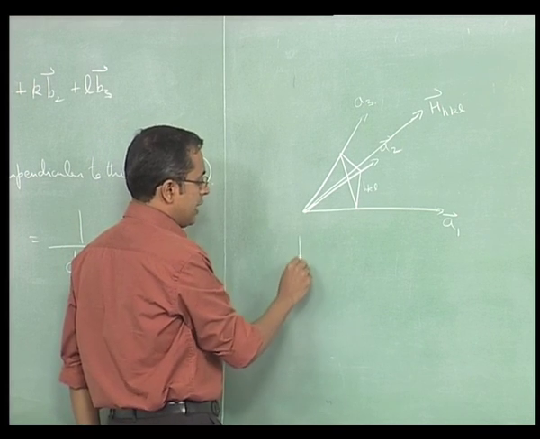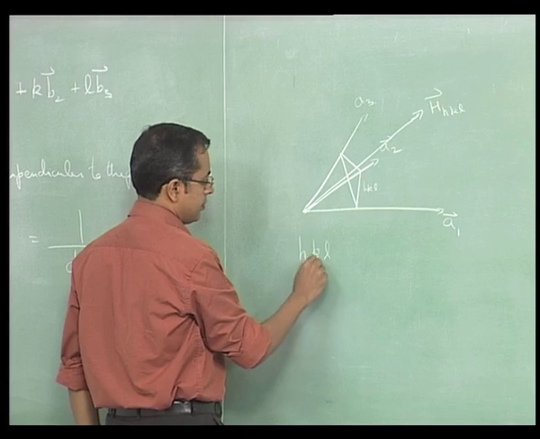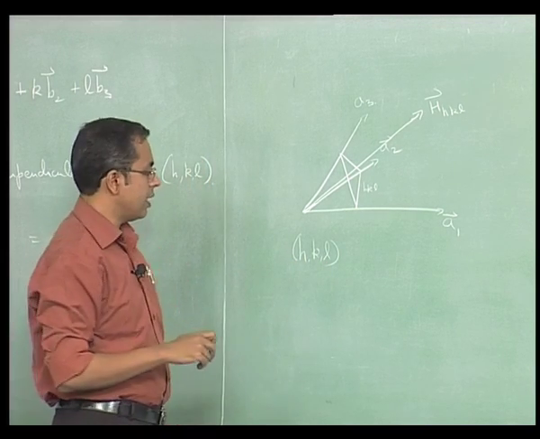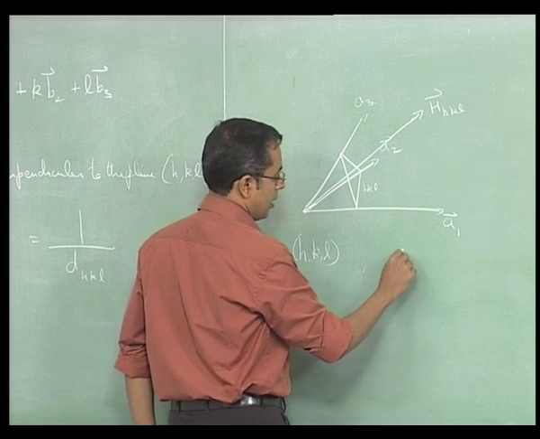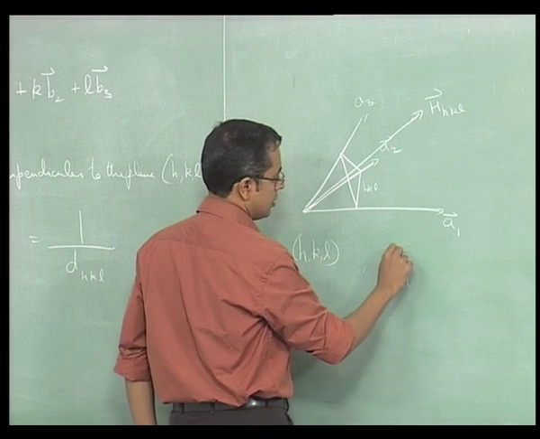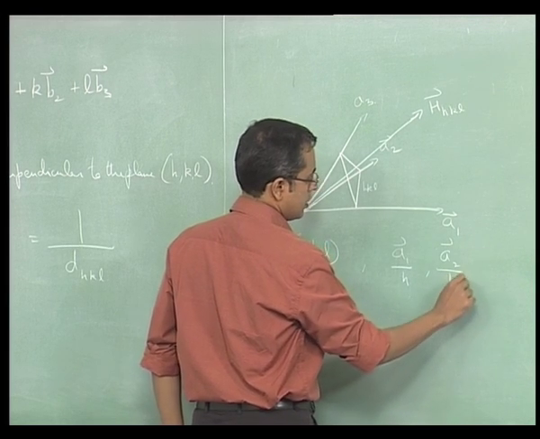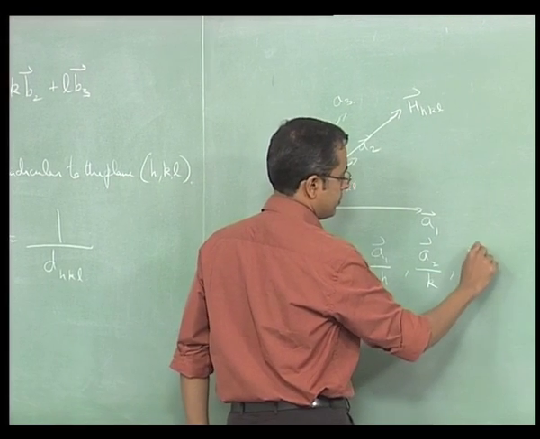Now, by definition of the hkl plane, its intercepts along a1, a2 and a3 are simply a1 by h, a2 by k and a3 by l.